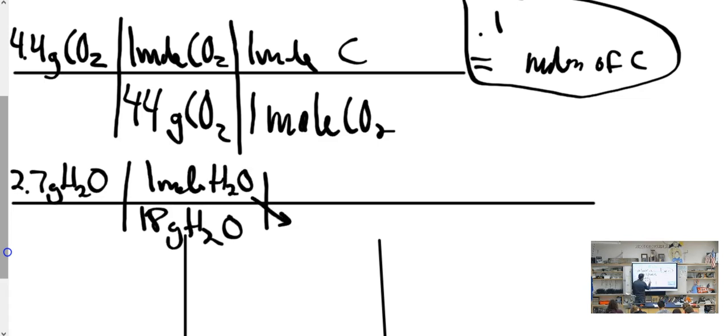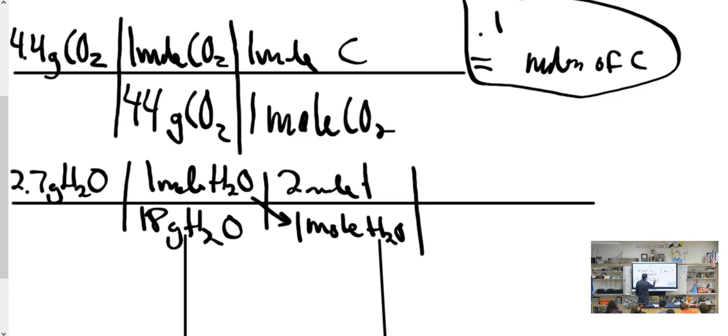What must go down there? And for every 1 mole of H2O, how many H's do I have? 2. I don't need that. Whatever. Oh well. I have 2 moles of H.